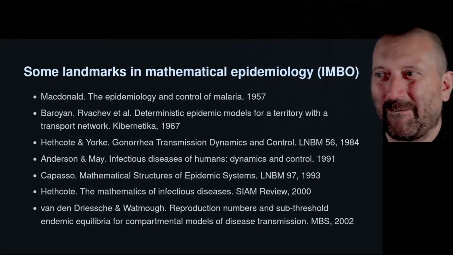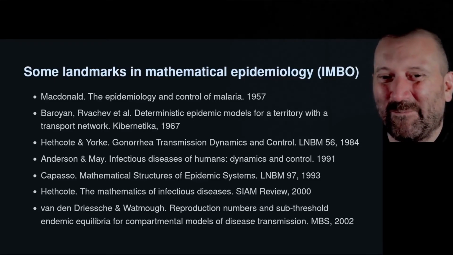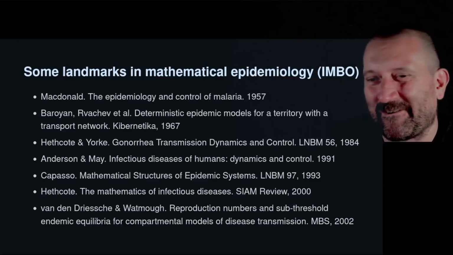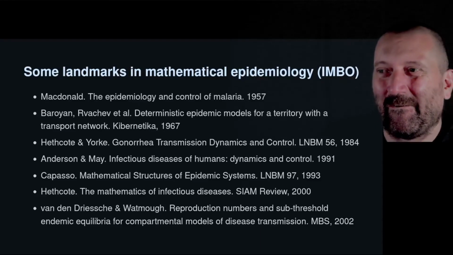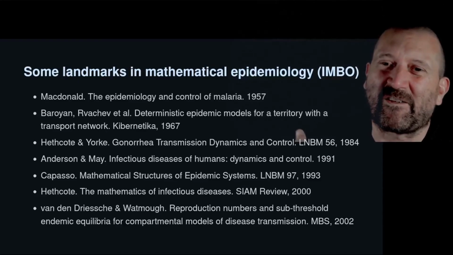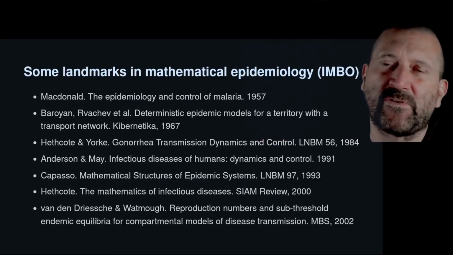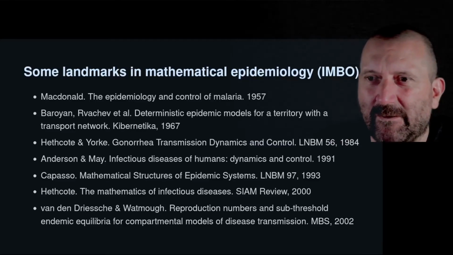And I have some sort of a bias because these are two very good friends of mine, but I'll point out a paper of Van den Driessche and Watmough, we're both Canadians, which is extremely influential in the sense that it provides a mechanism for computing the basic reproduction number that we'll see later in the other lectures.